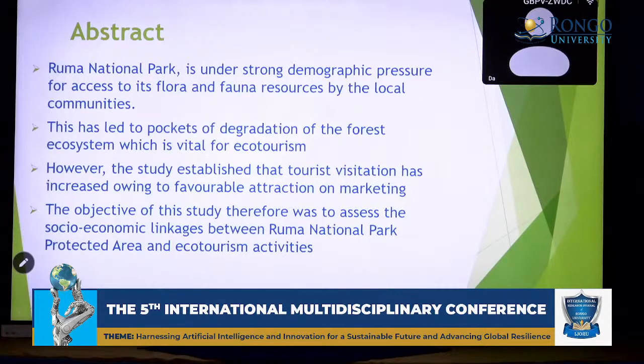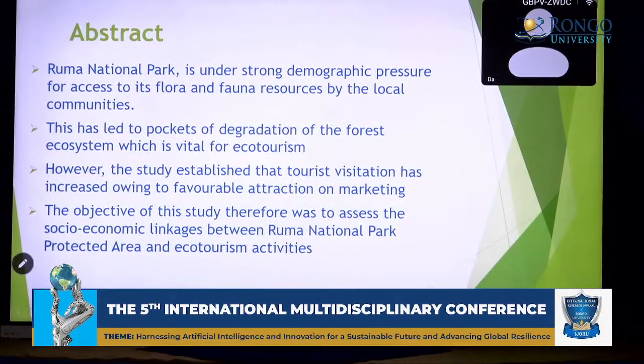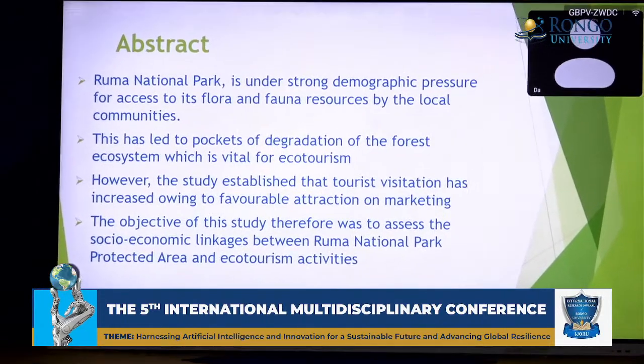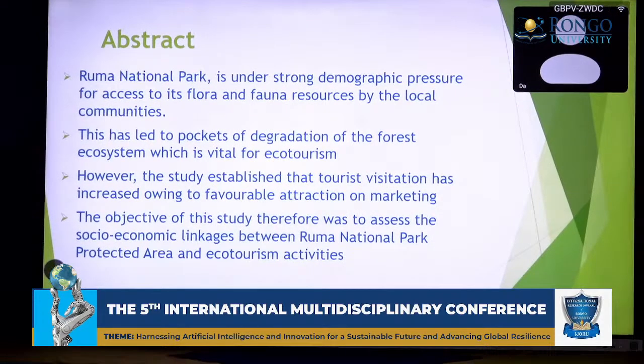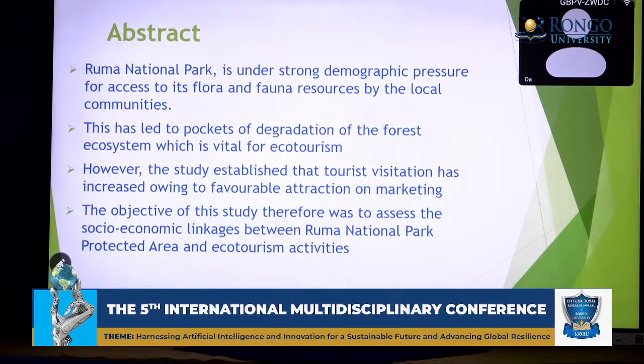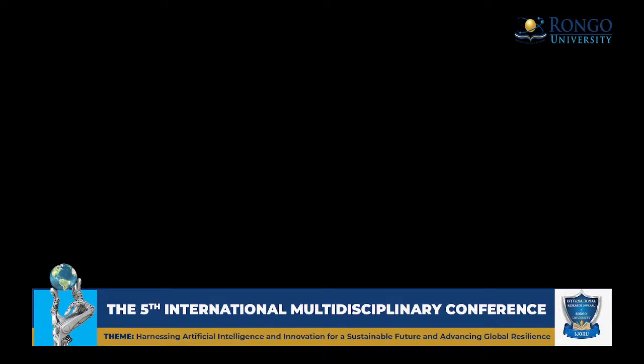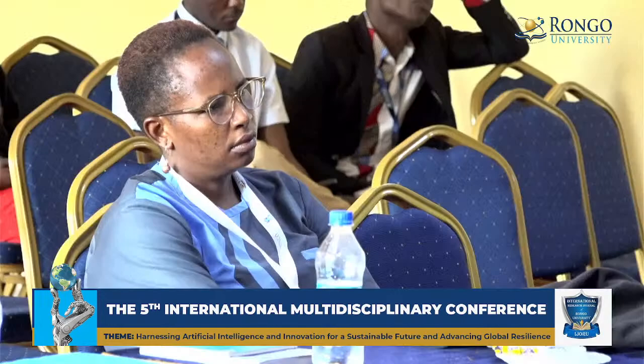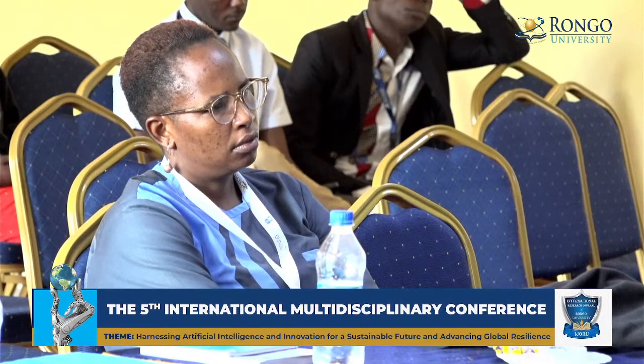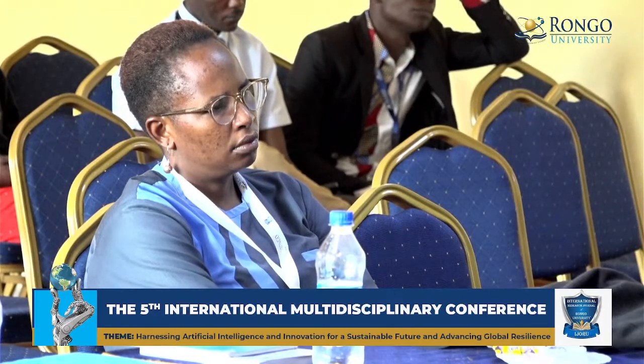The summary of this presentation is basically about the Roma National Park, which is part of the larger Lambwe Forest ecosystem. But the Roma part is basically the protected area where the animal biodiversity is located. It has several pockets of degradation, which is a challenge to this particular ecosystem.